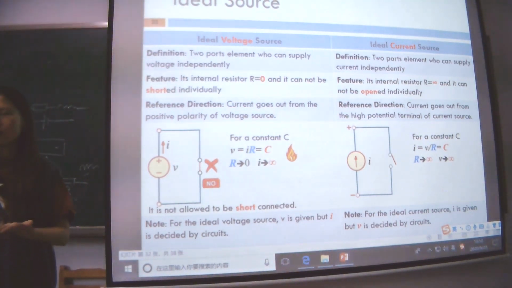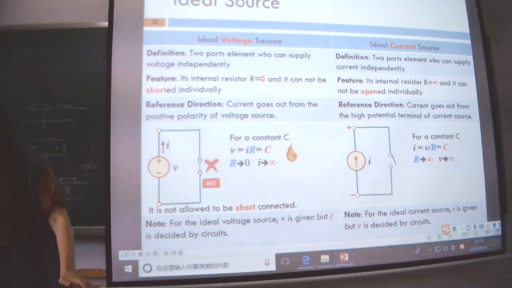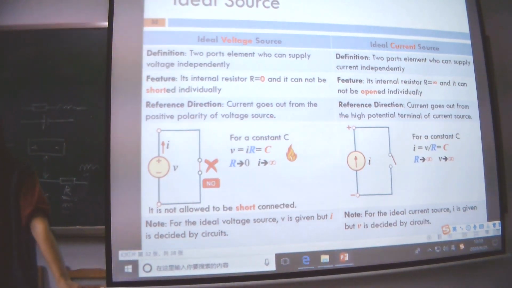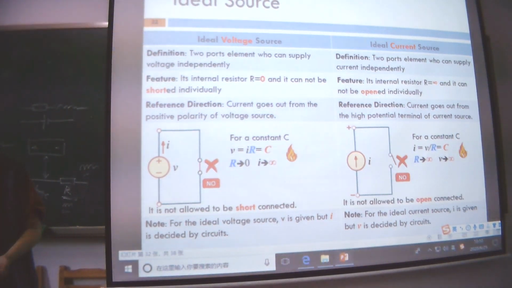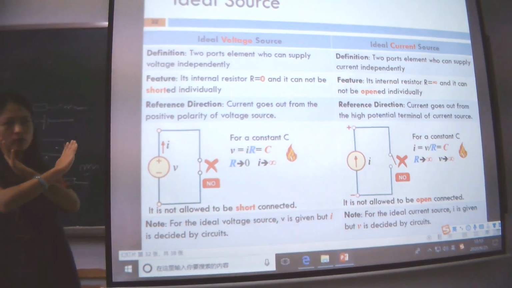That means when the potential difference is quite large, the air will break down and there will be lightning, a spark, and it will cause a fire as well. So it is forbidden. It's not good.